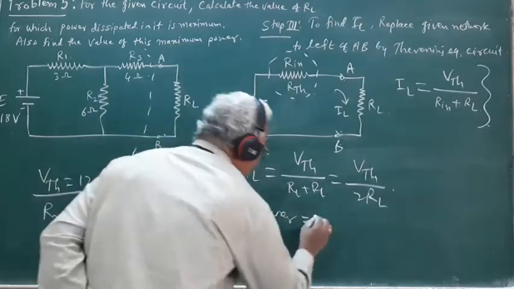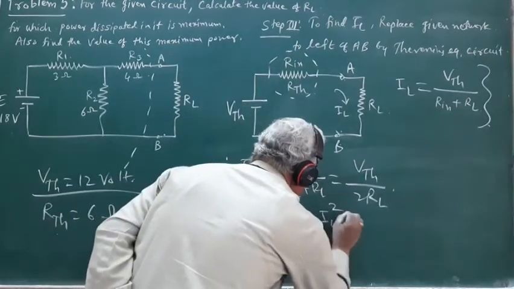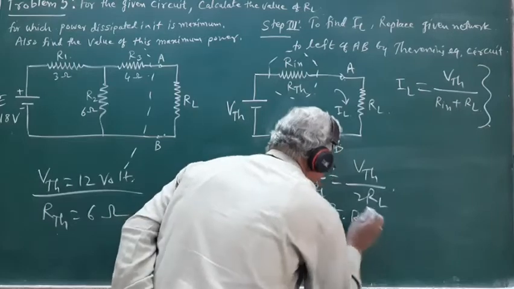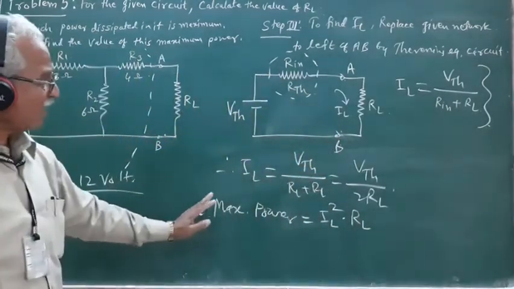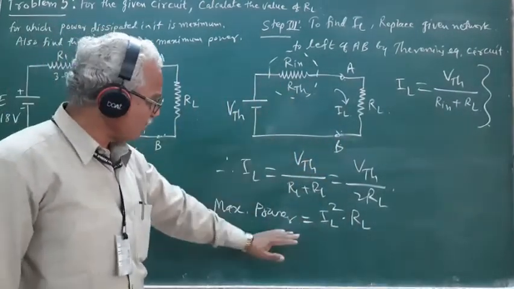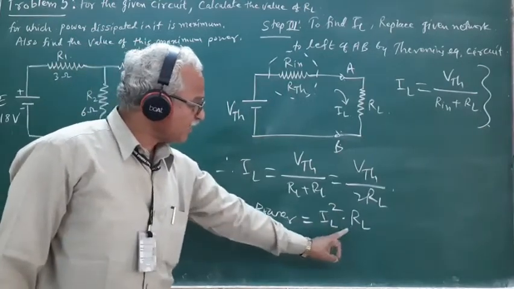The maximum power available across this load resistance will be given by IL square into RL.